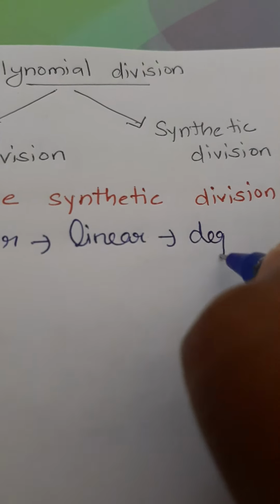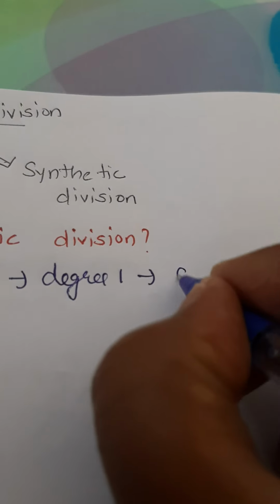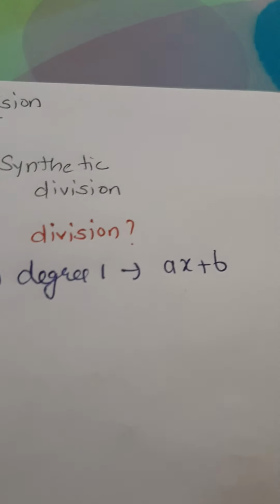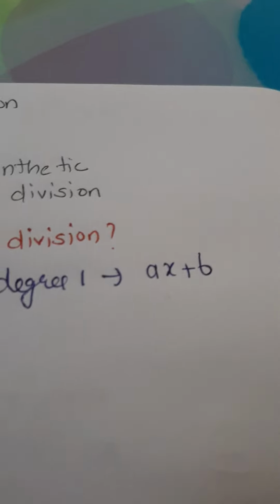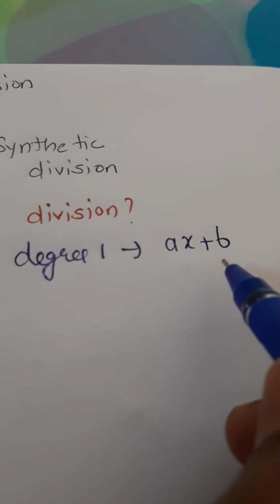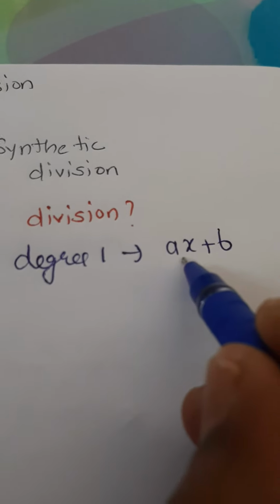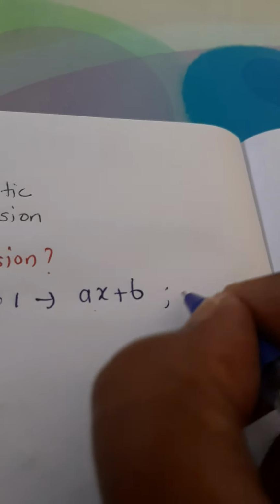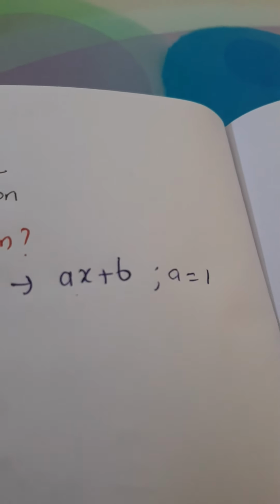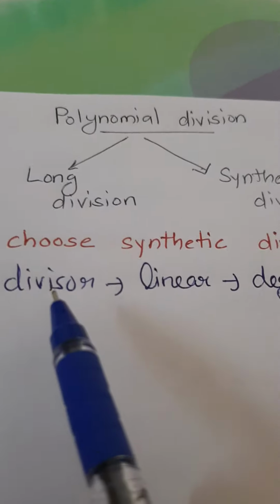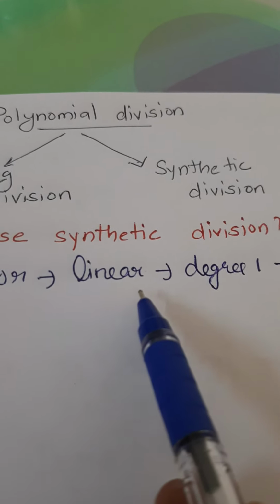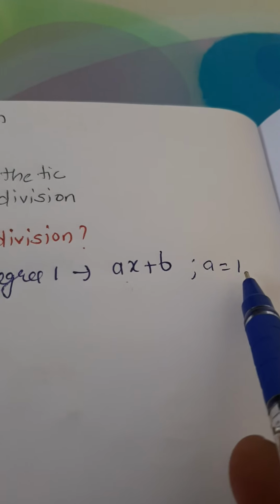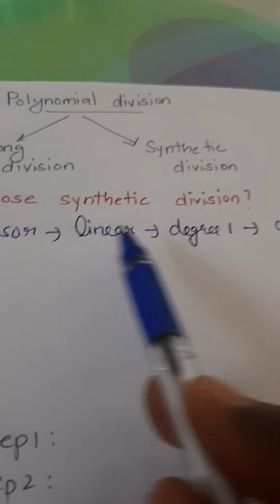That is, it should be in the form of ax plus b, where the coefficient of the leading term, a, should be 1.